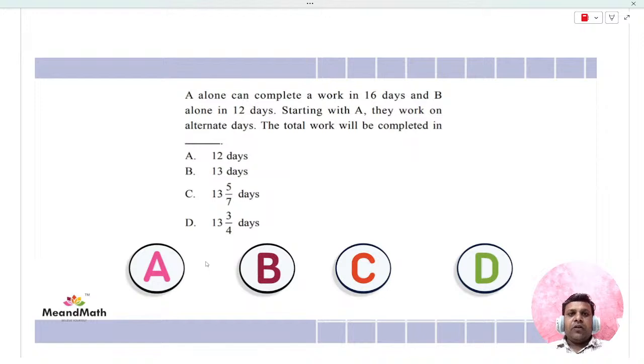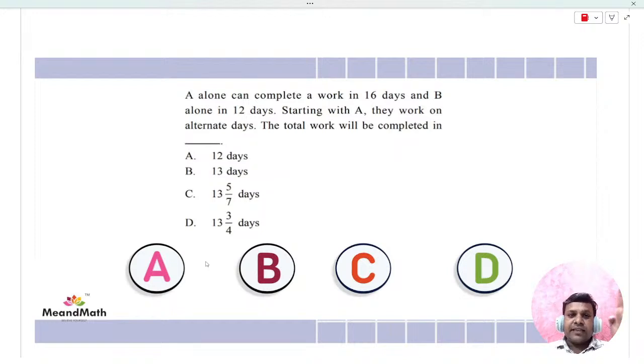A alone can complete a work in 16 days. A is a person who can complete the work in 16 days, and the work can be completed by B in only 12 days, which means B is faster than A. Starting with A, they work on alternate days. The total work will be completed in how many days?